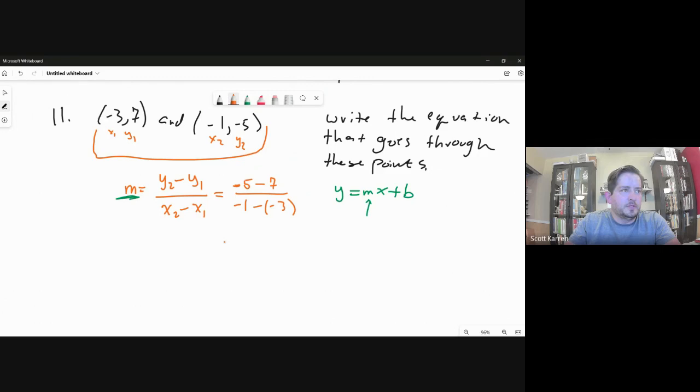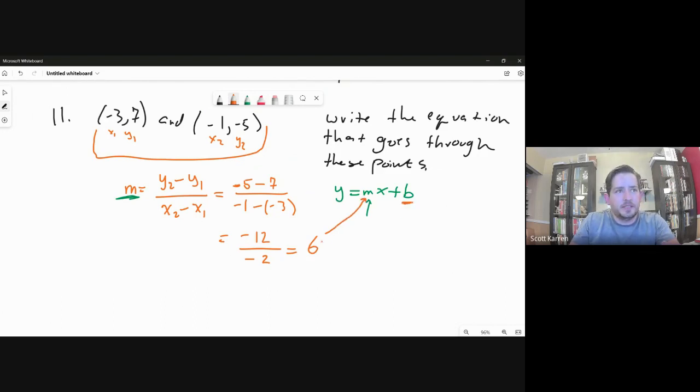So that becomes -5 minus 7 is -12. And then -1 minus -3 is the same as -1 plus 3, and that is 2. And so my slope here is -6. So I'm halfway there. I already know m, but I just need to figure out what b is.